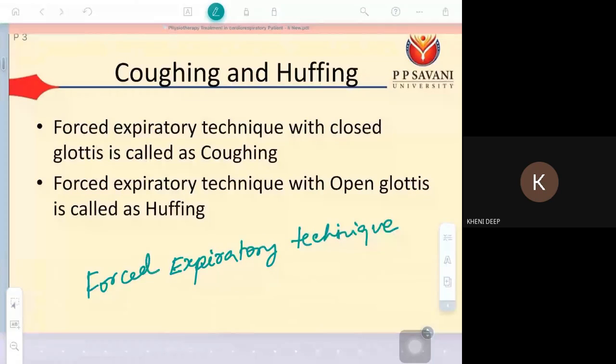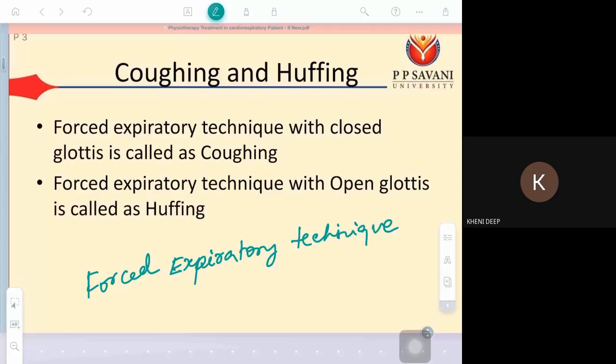Clear? It is called a forced expiratory technique. It is not only expiratory. Not only does expiration occur during coughing, but the expiration occurs forcefully. Hence, it is called a forceful or forced expiratory technique. Clear?